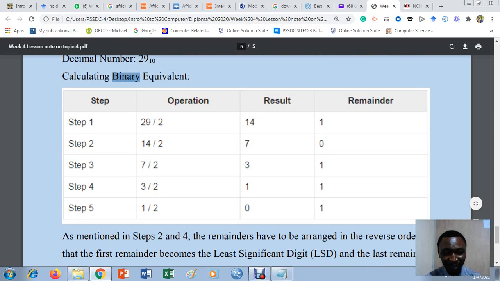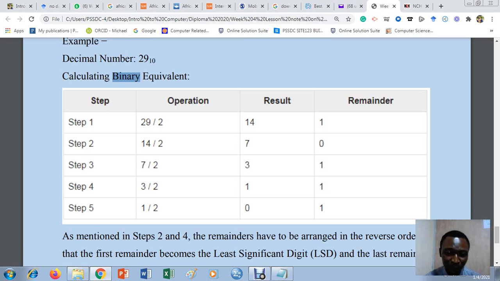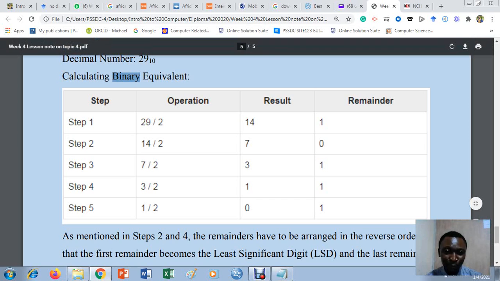Remember what we said in step 1, that you are going to divide the decimal number by the new base, the number we are taking it to, which is what? We are going to be dividing the 29 by 2. That's why we are having 2 here. Then you repeat the same thing. By the time you divide 29 by 2, you have 14, which is 28. It remains 1. That's why you have 1 here.